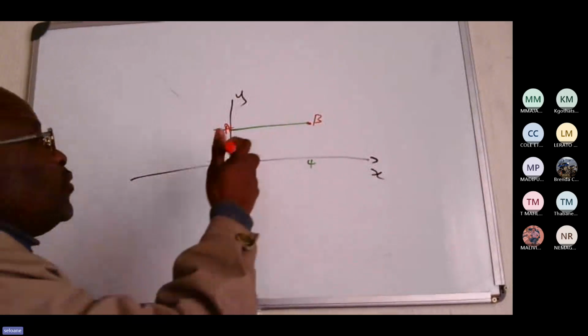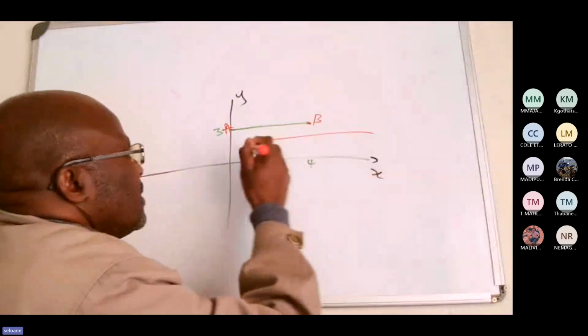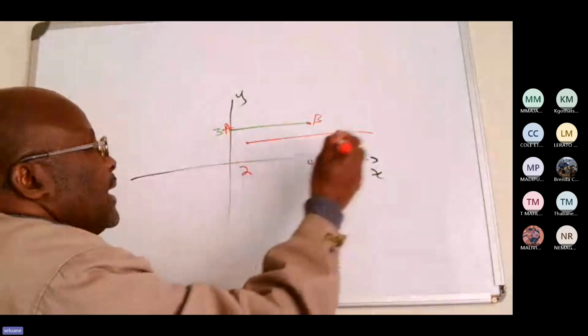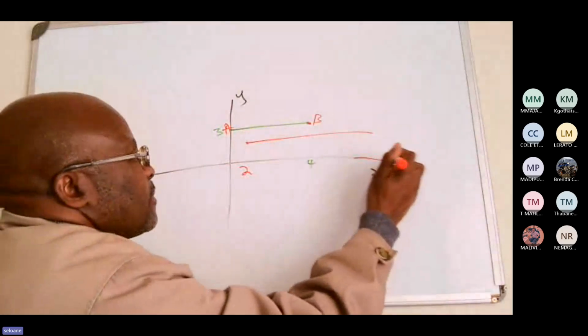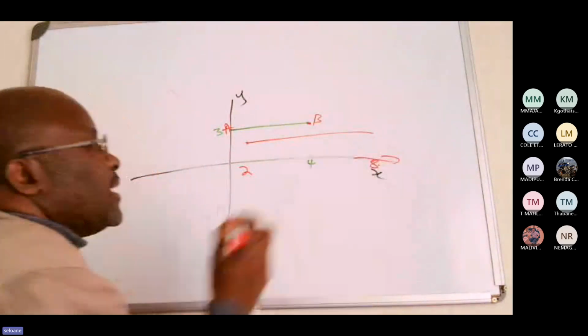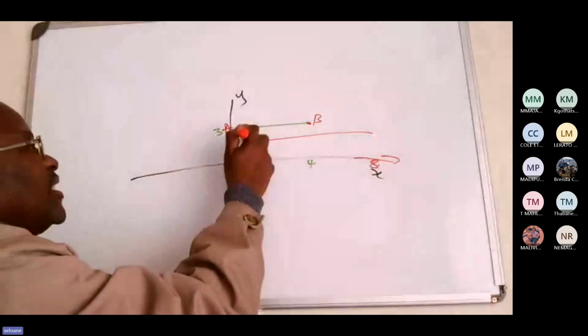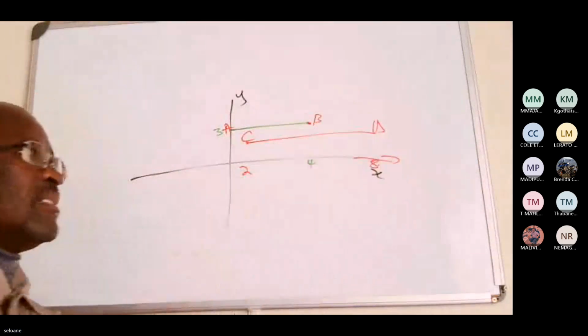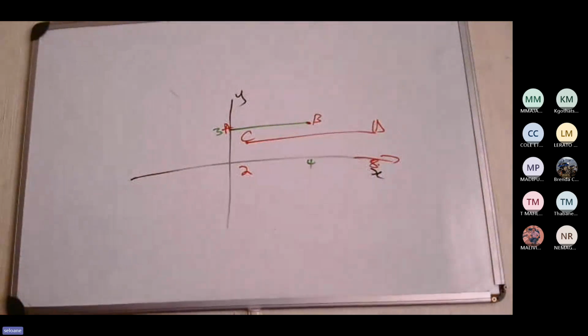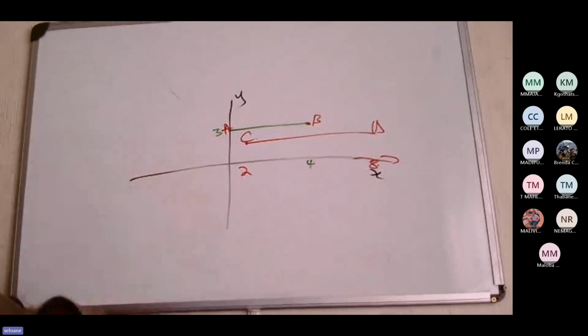It's just like if you draw a line segment like this. Say this is 2, and this one here is 8. Then say this is C, this is D. What is the length of CD? You can just simply call it arc length, whatever.